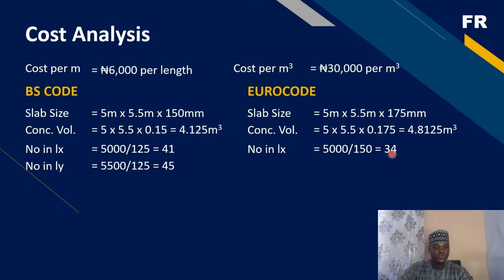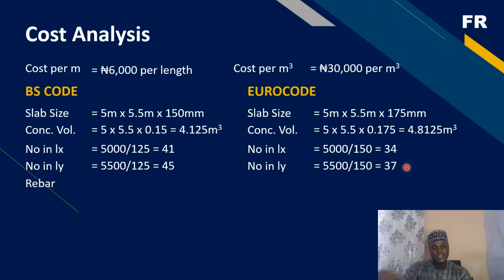So that will give us 45 numbers. Then for the Eurocode, since the spacing is not the same, 5.5 divided by 150 will give us a number of 37. So the cutting length of this reinforcement is going to be virtually the same or very close. So because of that, we are just going to now calculate the total cost of reinforcement.